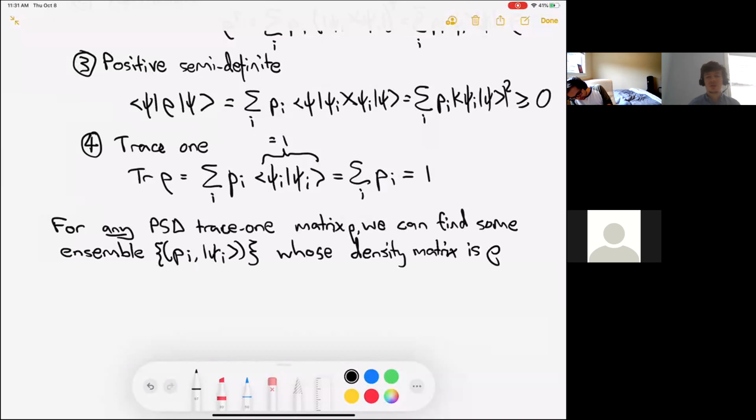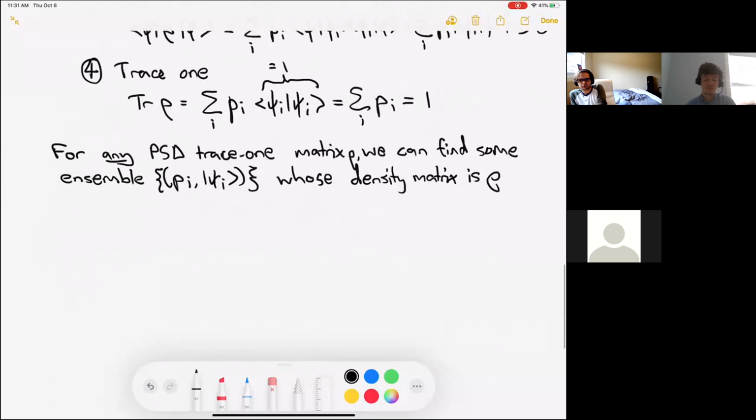Anyone have an idea for what the simplest way to do this might be? Any sort of trick for pulling out an efficient ensemble that gives rho?